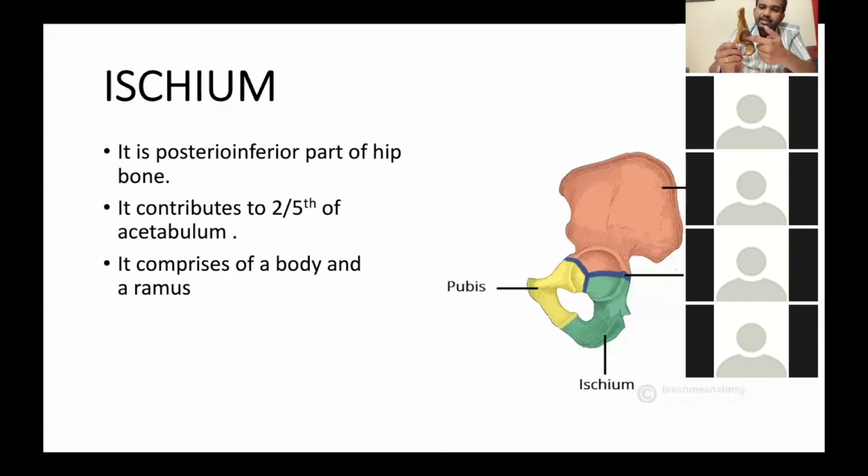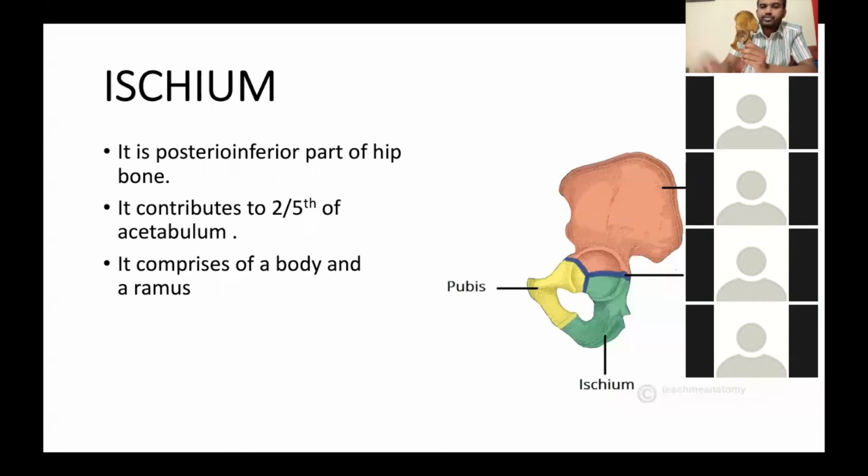This acetabulum is contributed by the ilium, and by the pubis, 1/5. 2/5 of this acetabulum is again contributed by the ischium. So 2/5 of ilium, 2/5 of ischium, and 1/5 of pubis contribute to form this acetabular fossa.